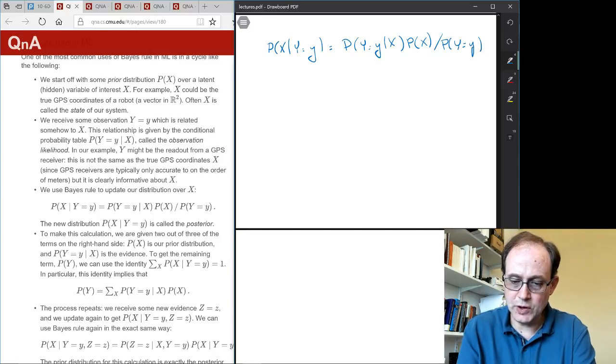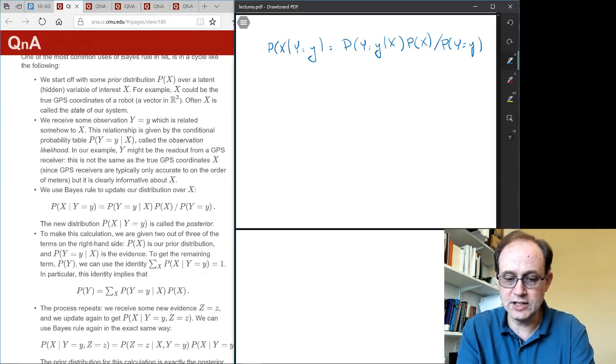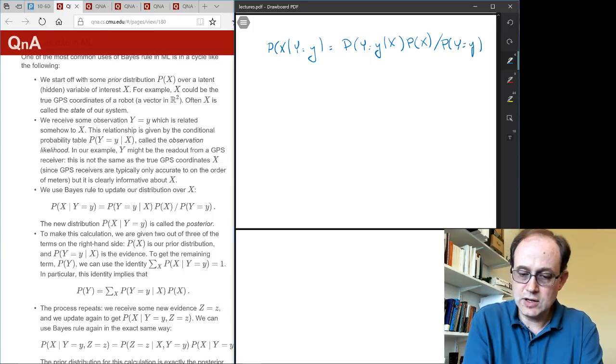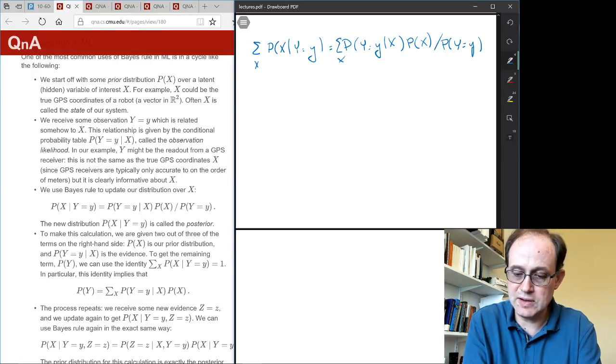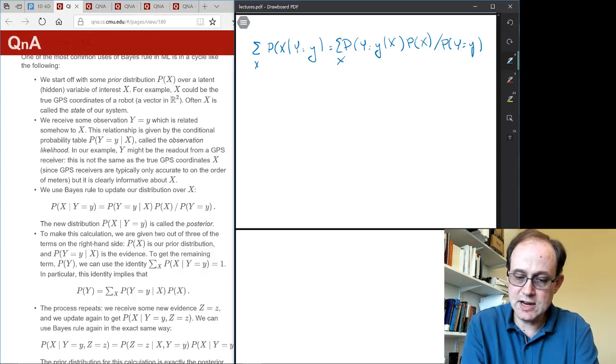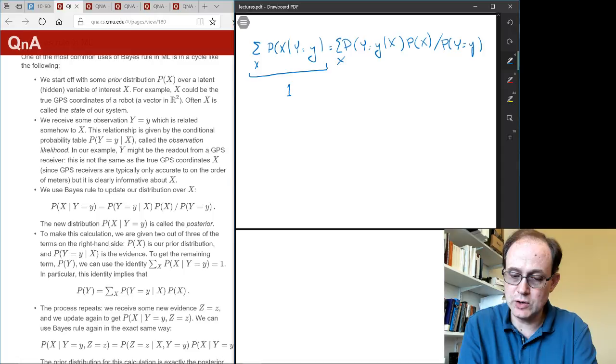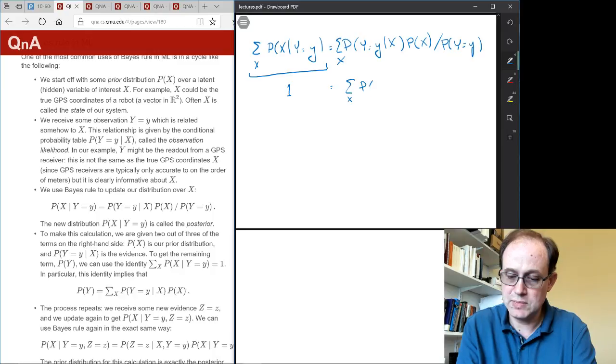This left-hand side is a conditional probability distribution. So I'm going to take the sum over all possible values of x on both sides, and that maintains the equality. When we sum over all possible values of x, the left side is 1, because it's a probability distribution. And so we know that 1 is equal to the sum over possible values of x of p of y equals y given x, p of x.